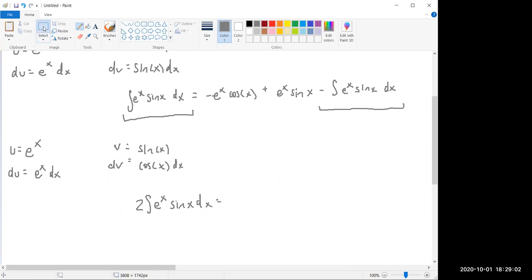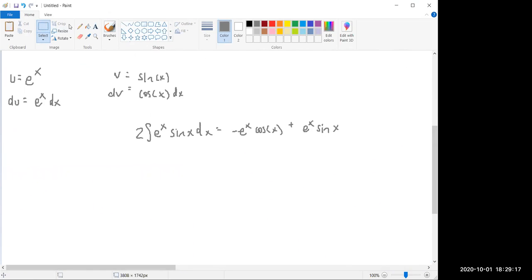Okay, and then I'll just copy everything over. To solve for the integral, we can just divide by 2. We're going to carry the 3 at the end; we haven't gotten there yet. So when we divide by 2, the integral of e to the x sine of x dx is all of this divided by 2.